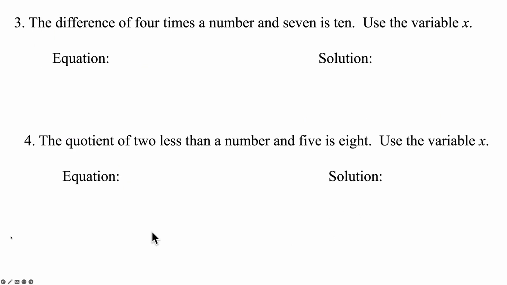Number 3, there's that difference again. All right. 4 times the number and 7 is 10. Use the variable x. So difference of right here, pass the word and, to 7. That's going to be my parentheses. So 4 times a number, that's my 4x, and 7, so minus 7, equals 10.